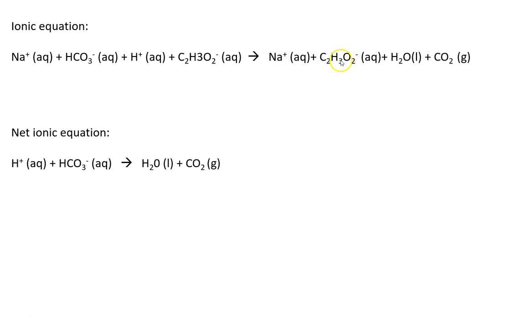We have the acetate ion, liquid water, and CO2 gas. So our net ionic equation is going to be positive hydrogen plus negative HCO3, which ends up yielding liquid water and CO2 gas.